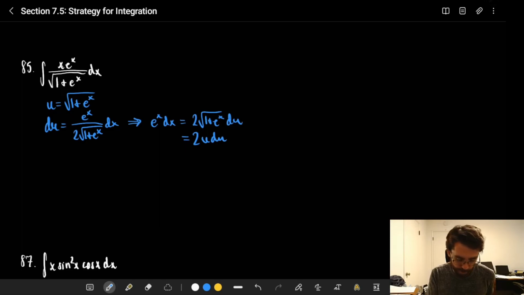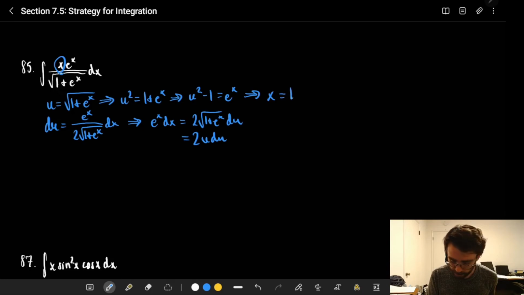And that's almost everything we need. We also need x. So maybe I solve from here and say u squared is 1 plus e to the x. U squared minus 1 is e to the x. Take a natural log, maybe. So x is natural log of u squared minus 1.